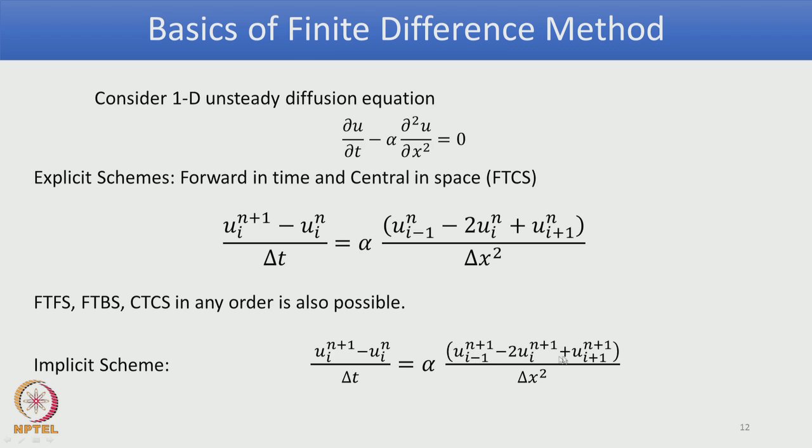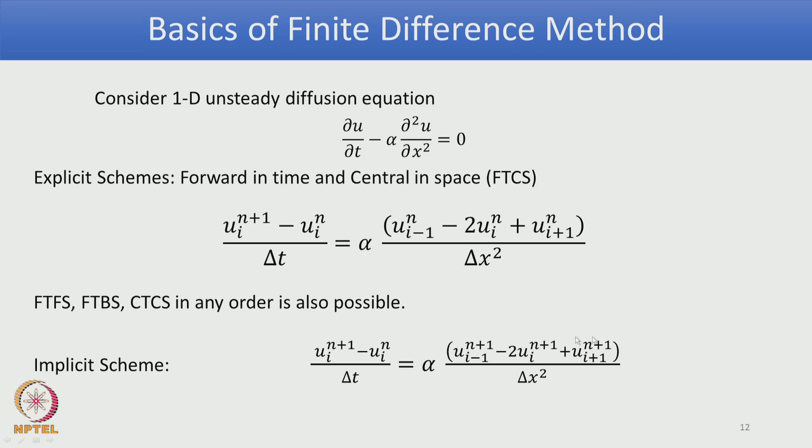But if you look at the superscripts, all are at the n plus 1 level. This n plus 1 level is to be determined at the i node, the i plus 1 node and also the i minus 1 node. Sometimes the i minus 1 node, on the left hand side, you would have already determined, whereas the i plus 1 node you do not know.